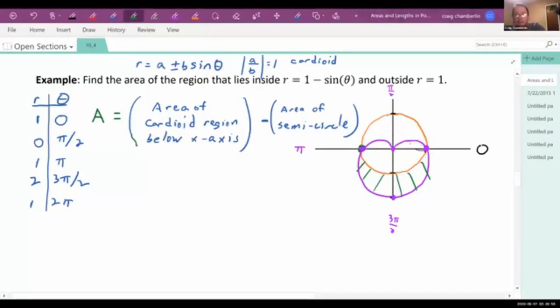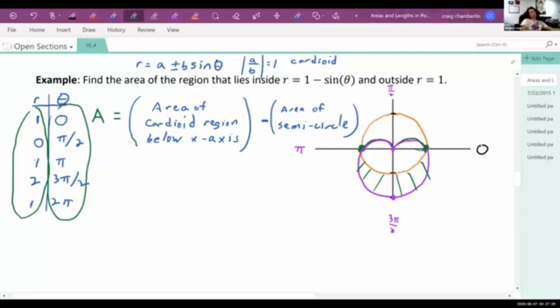So if you think about how this thing is traced out, the cardioid, you could graph it if you wanted to, but you can kind of see it from the theta values increasing over here, what kind of r values we got. It's traced out starting here if theta equals 0, and it's traced out in this direction. When does it go below the x-axis? Not until theta is pi, because that's the value of theta that gave us this radius of 1.